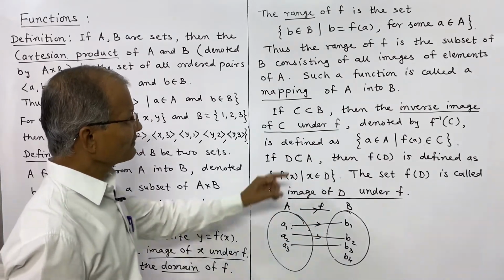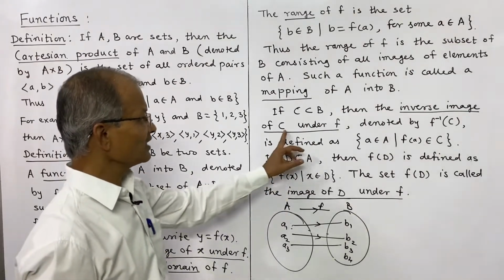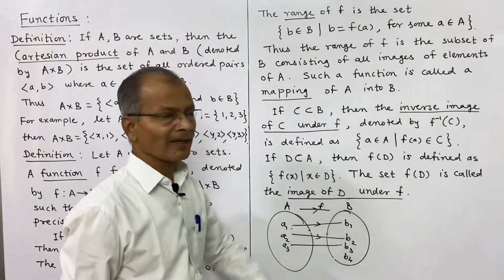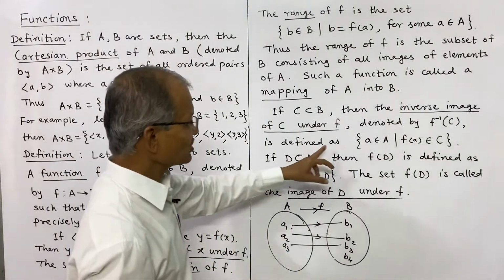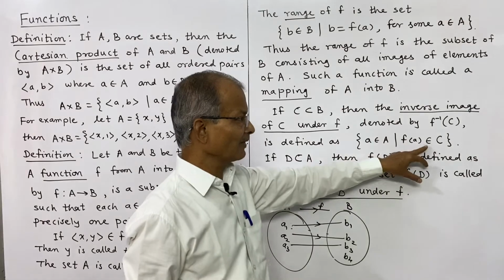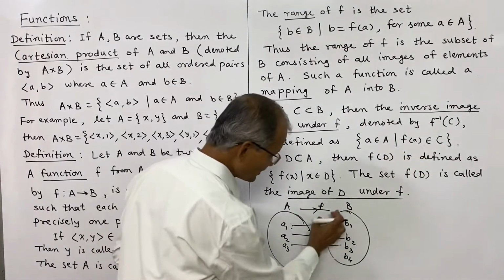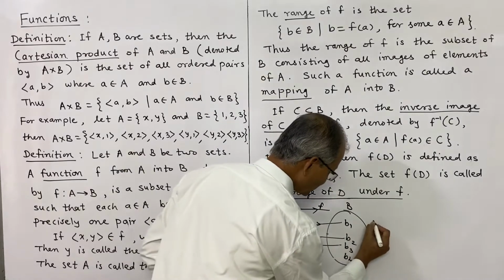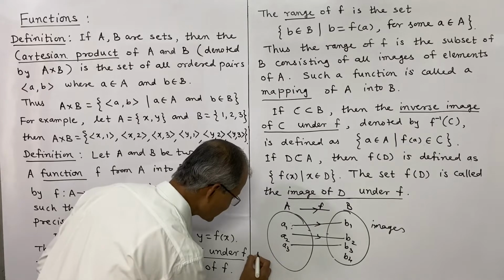Now further, if C is a subset of B, then the inverse image of C under f is denoted by f inverse of C, and that is defined as the set of a belonging to A such that f(a) belongs to C. So this set is called the image set. These are images, and these are called inverse images.